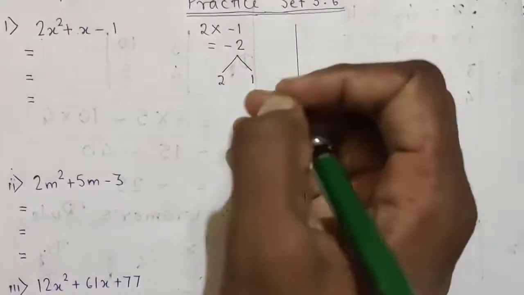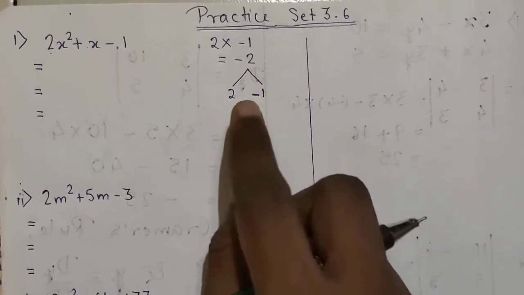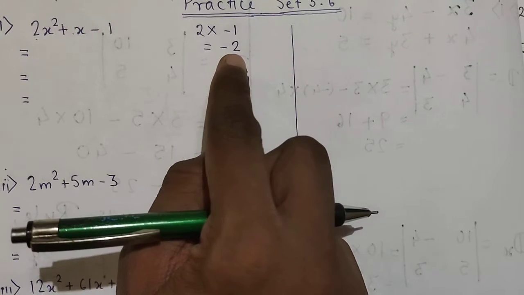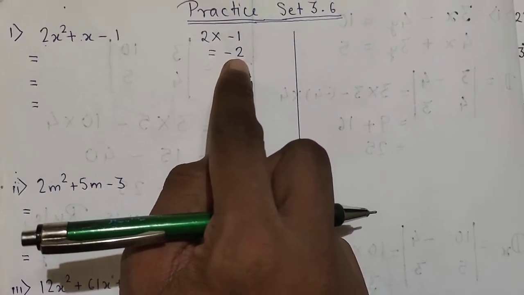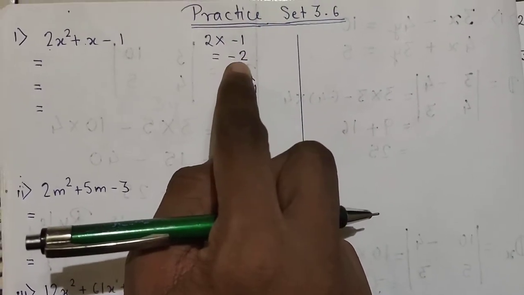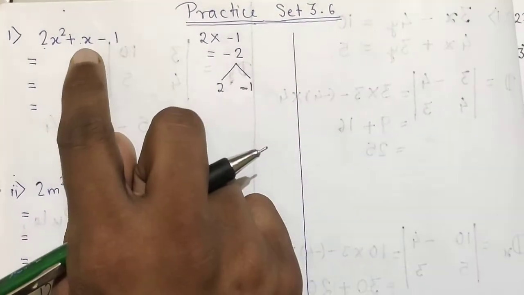You want plus 1. So you have to do 2 minus 1. Okay, if you do 2 minus 1, you are going to get 1. If you multiply, you are going to get minus 2. So you have to consider these two conditions simultaneously. That is, multiplication must give you this number, and after addition or subtraction you are going to get this number.